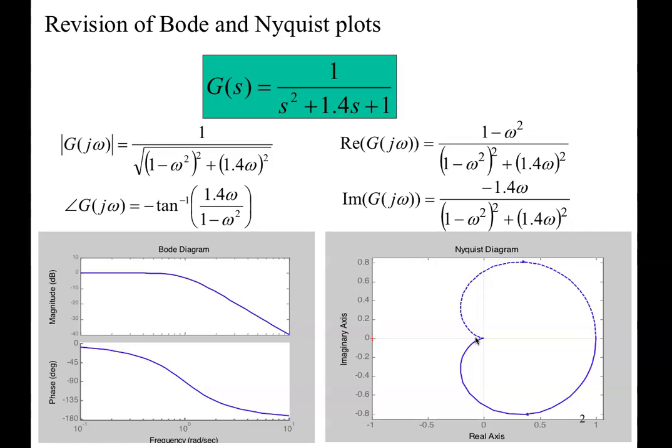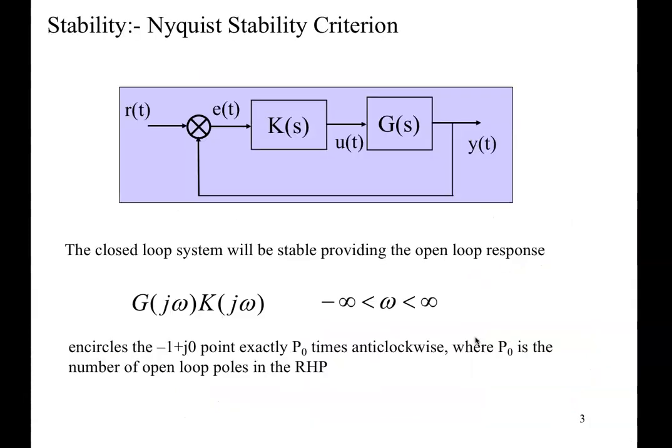So to start with the control design, we need to get familiar with a couple of stability criteria, because one of the first aims when you design a closed-loop control system is to maintain stability. So we need to know how we can determine if a closed-loop system is stable from the open-loop transfer function.